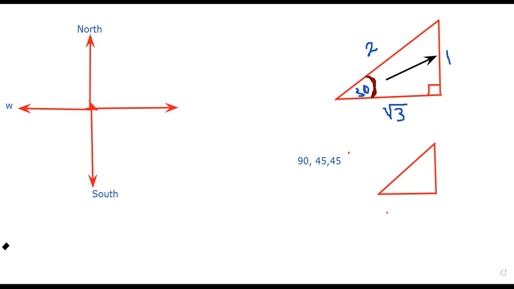Here, as I said, we have L1, this is the side opposite to 30 degrees. If you multiply by 2, you will find the hypotenuse. If you multiply by root 3, you will find the longest side. And the opposite is correct. If you have the longest side and you want to find the shortest side, which is opposite to 30 degrees, you will divide by root 3 and so on.